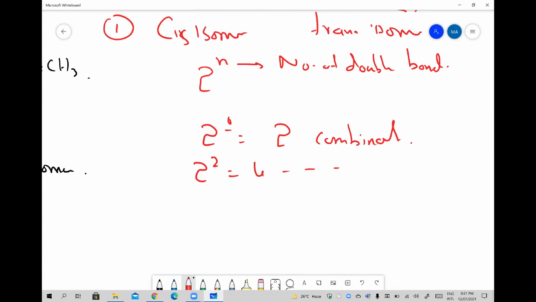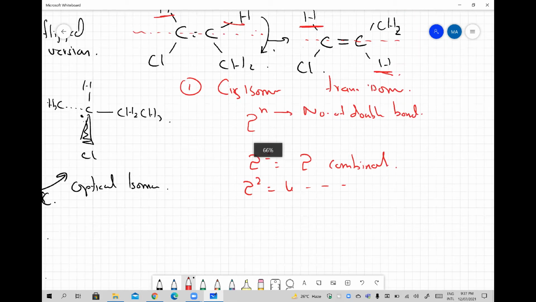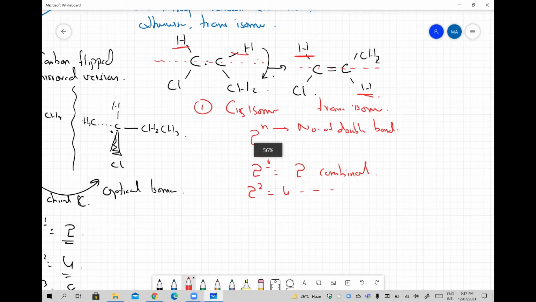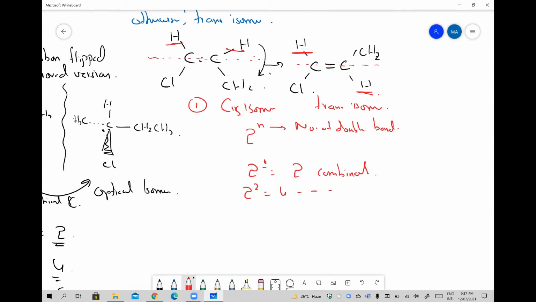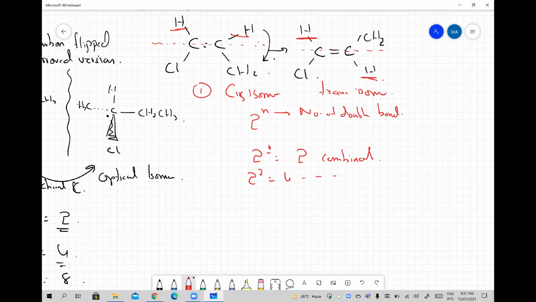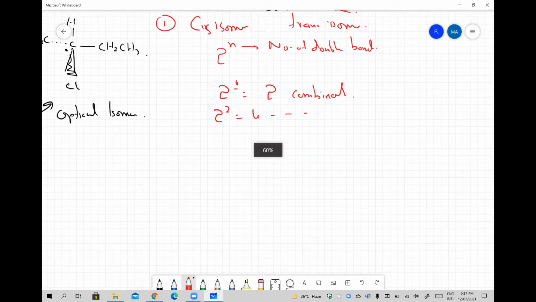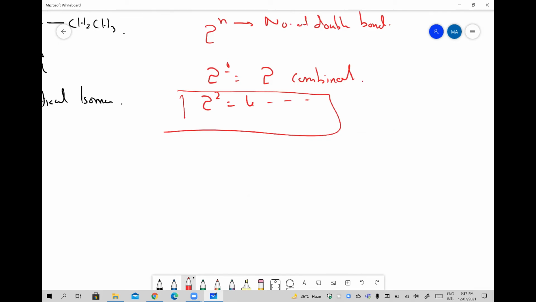Similarly, in symmetric molecules, this one here was a symmetric molecule. The cis trans and trans cis are exactly the same. I'm going to give you an example of this type, where there are two double bonds producing 4 combinations.